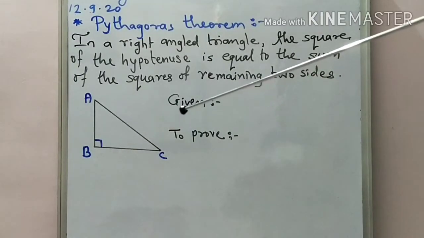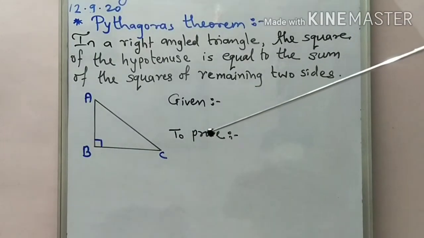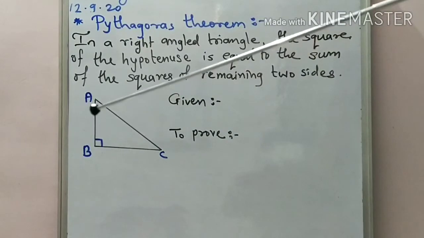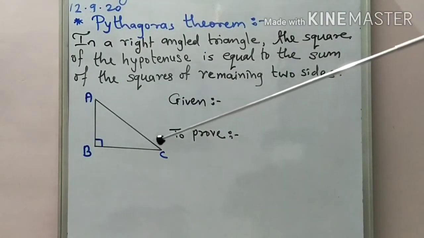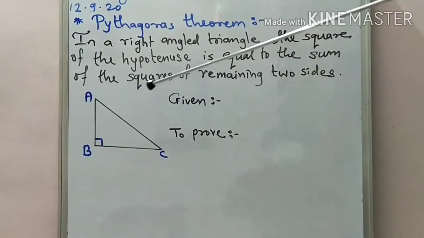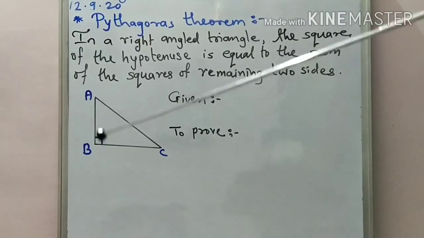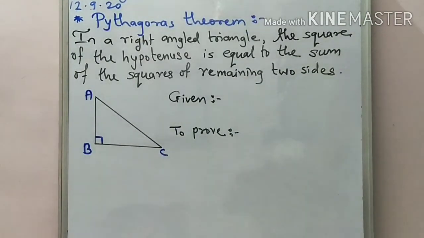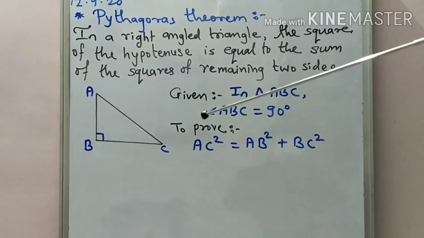So that given part I write down here, and to prove, what we have to prove, that the square of the hypotenuse, means square of the side AC, because AC is the hypotenuse here, is equal to what? Sum of squares of the remaining two sides, means square of AB and square of BC, taking this addition. Okay, so like this we write down the given and to prove part.